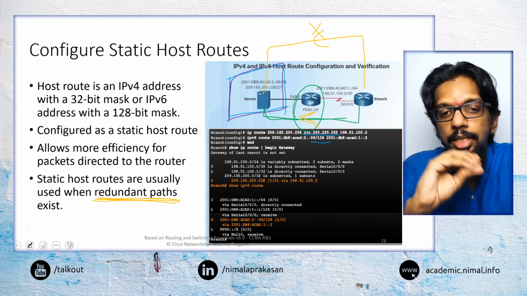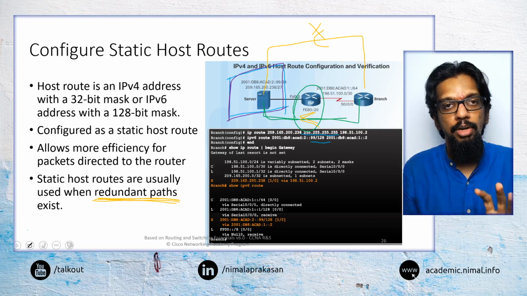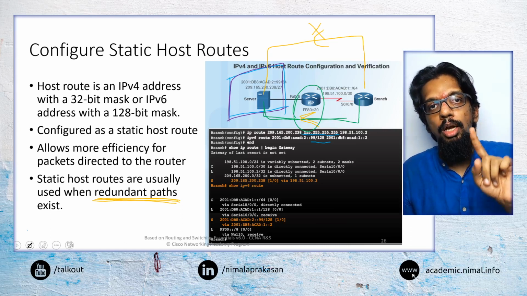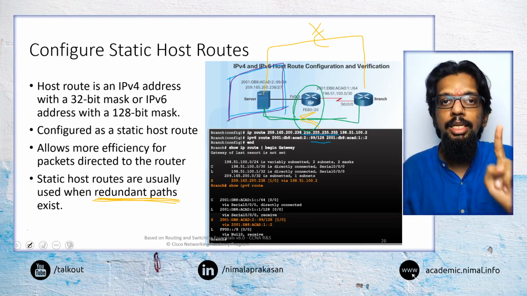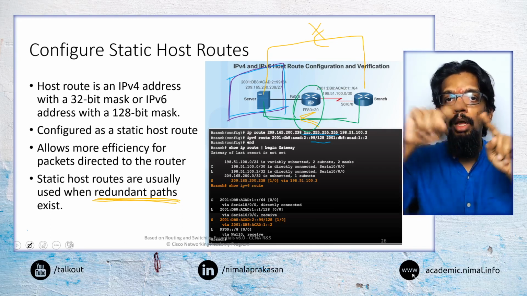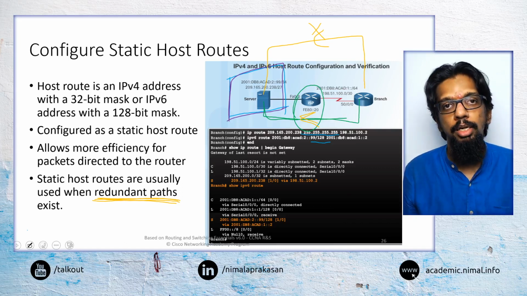Other than that, it is essentially very similar to any other static route. The main difference is we are configuring a route not to a larger network, but to a single device. And we will use this mainly when we have multiple redundant links to connect to that particular device.